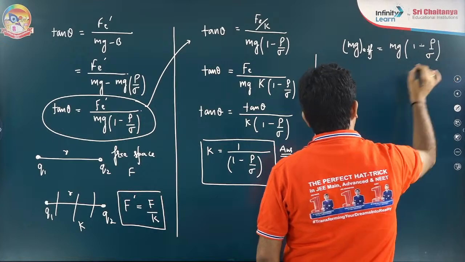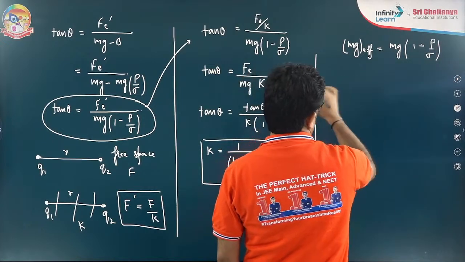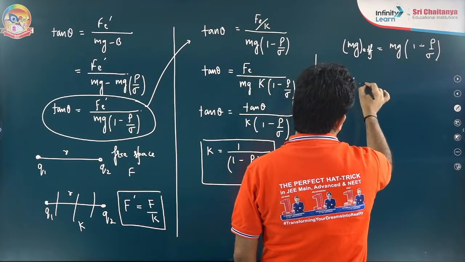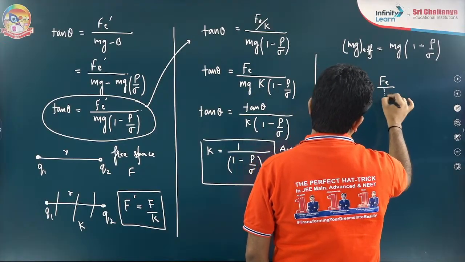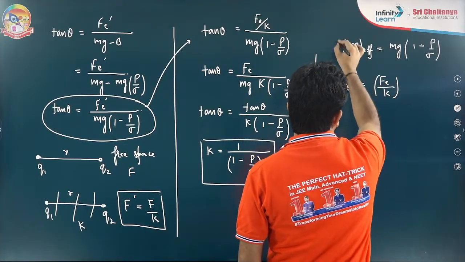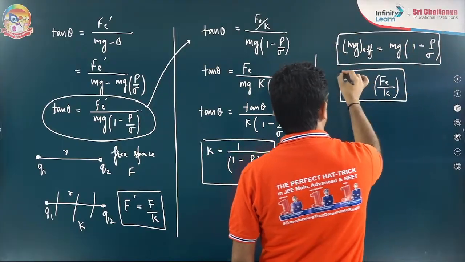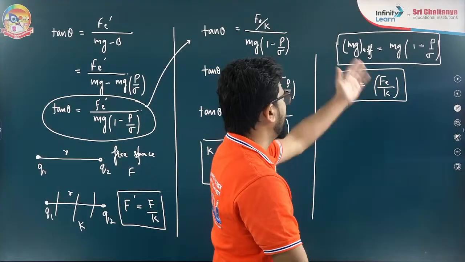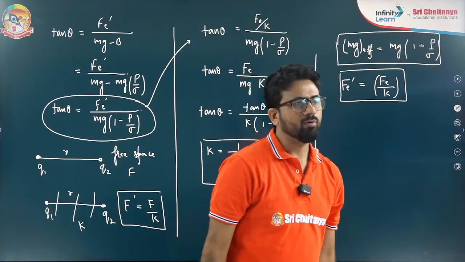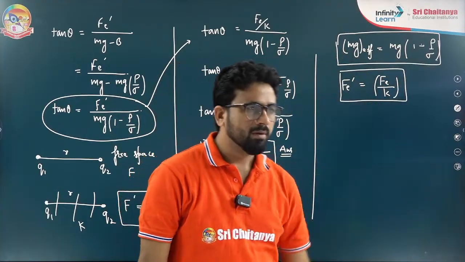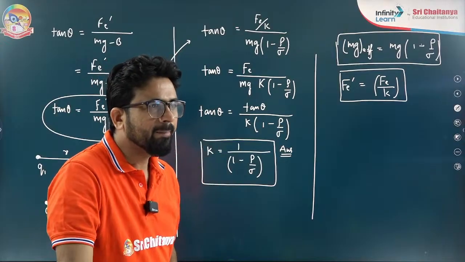Second, Fe prime becomes Fe by k. If you understand these two simple things, you can answer this question very easily. The force decreases by k times, and mg also decreases by the factor (1 minus rho by sigma). It is clear, beta?